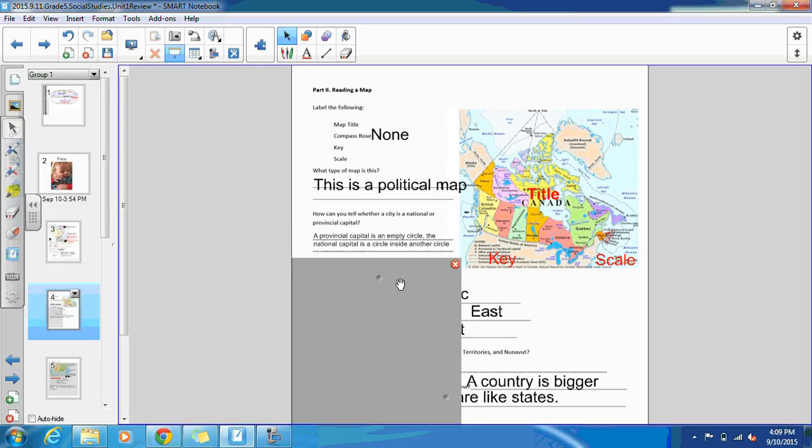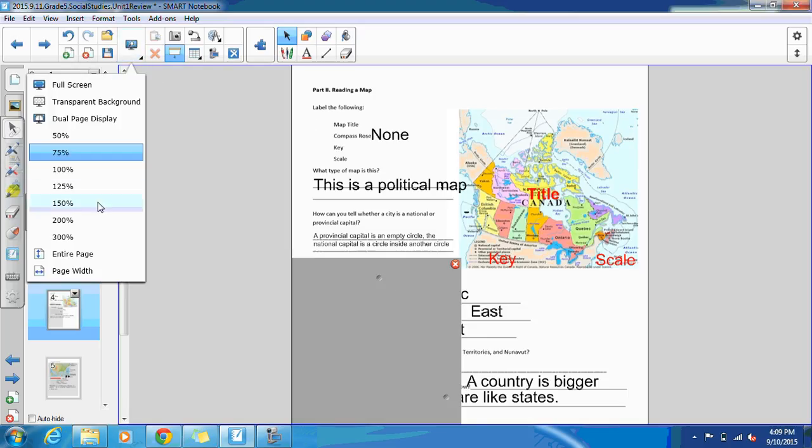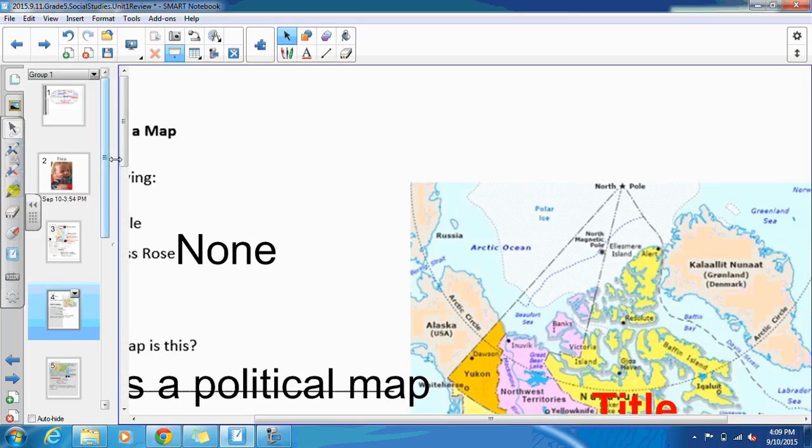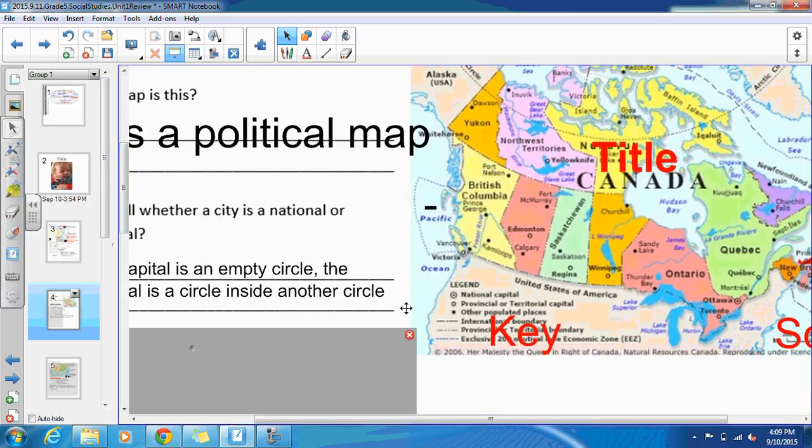How can I tell if a city is a national or provincial capital? Well, I have to look at my key. For that, I'm going to zoom in real quick. It's still going to be a little blurry, but it's going to help. Okay, so I look here, and I look at my key, and I look at the symbols. So it asks me the difference between a national and provincial capital.